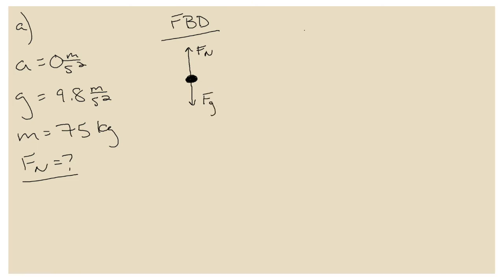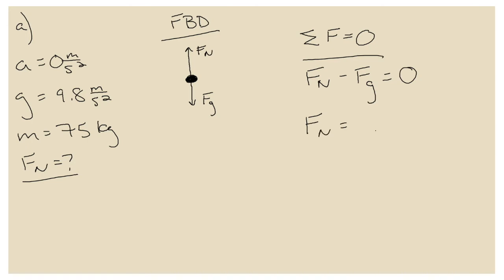And so here we can say the sum of the forces is going to be equal to 0. And so that means the normal force, the upward force, minus the gravitational force is going to equal 0. And so what that tells us is the normal force, as we know from the example that we just did, is equal to the weight. And that, of course, means the normal force is equal to m times g.